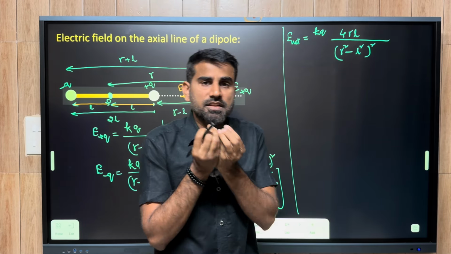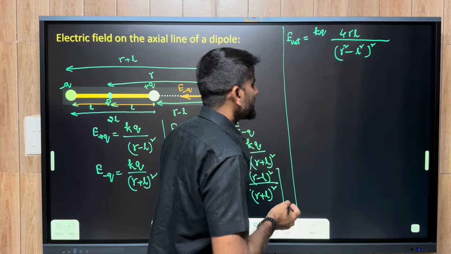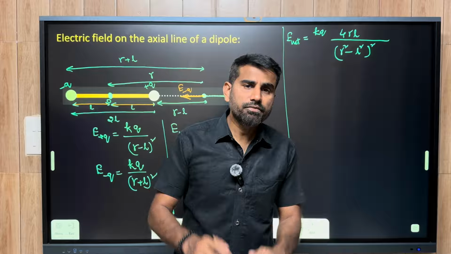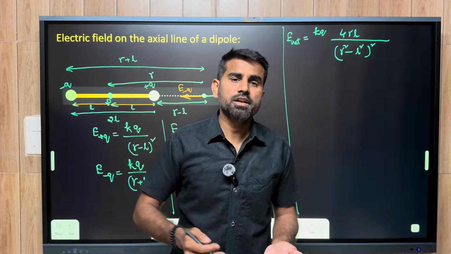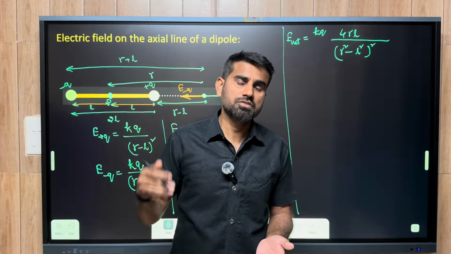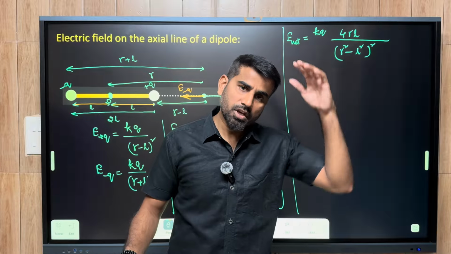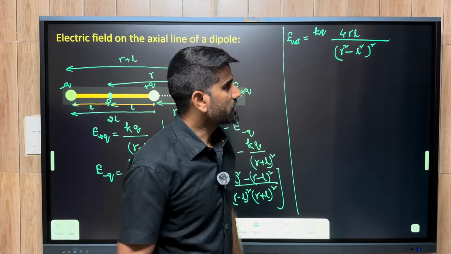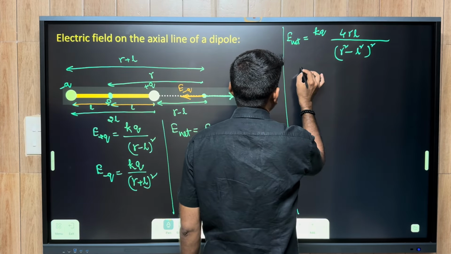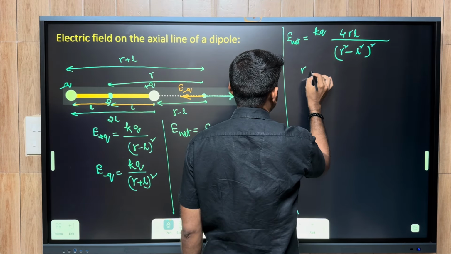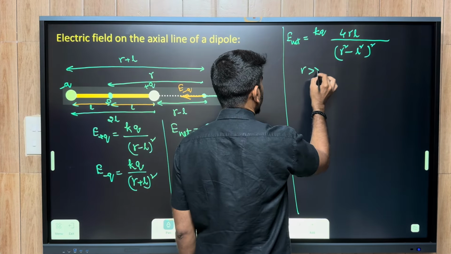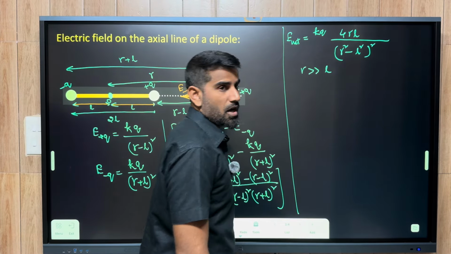So the distance is very small. If the value is 0.0001, then if we square that value, it will be 0.00000001, so the value keeps going down. That's why I'm taking R very much greater than L, L is very much less than R.